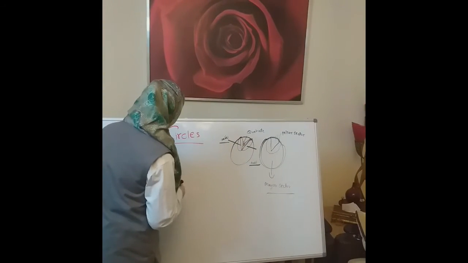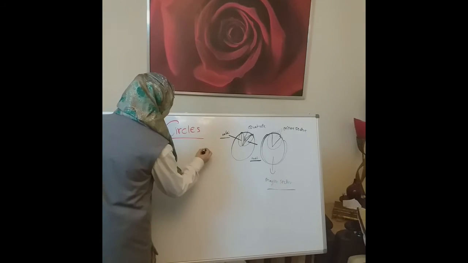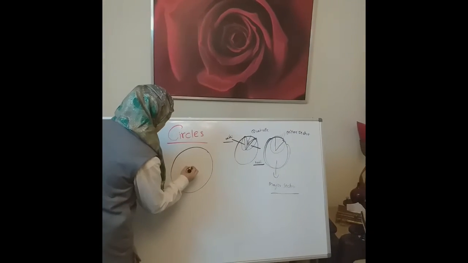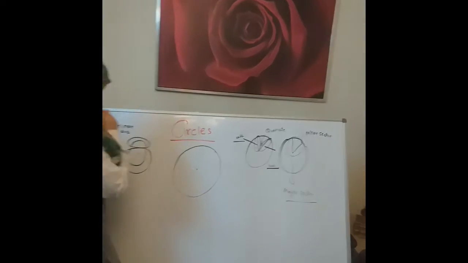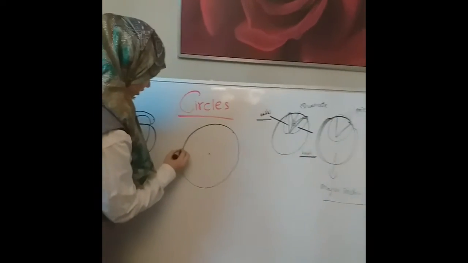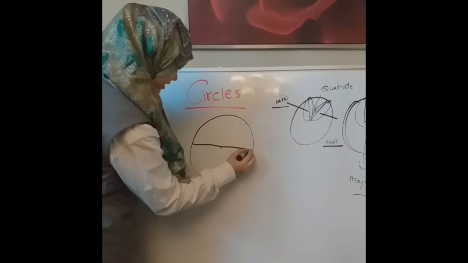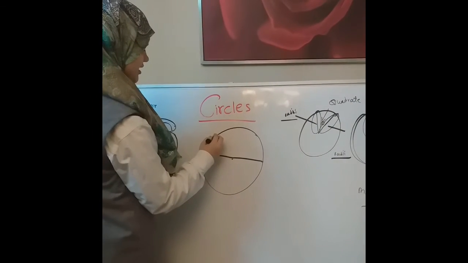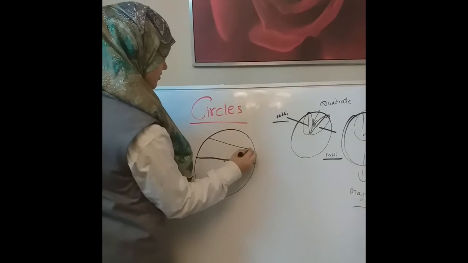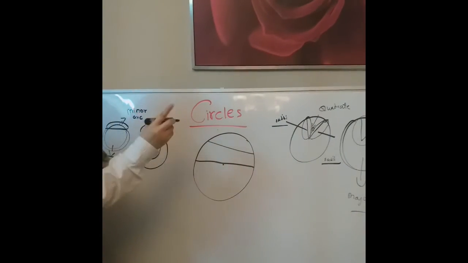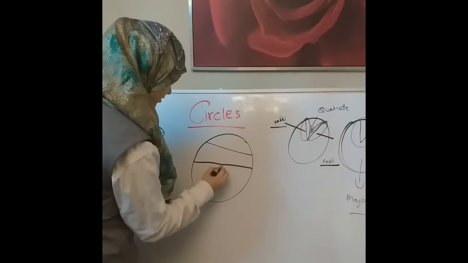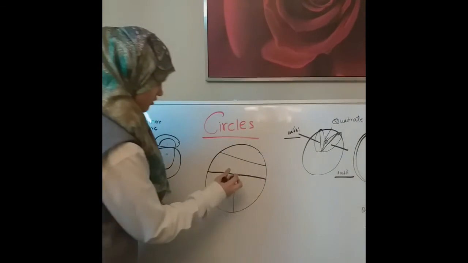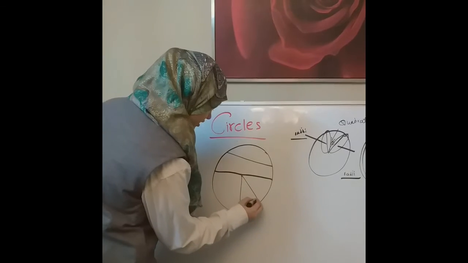Here, if we make a big circle and we make a center, then we'll make a line here and a line here. Then we'll make a line here. Okay? Then we'll make a line here also.